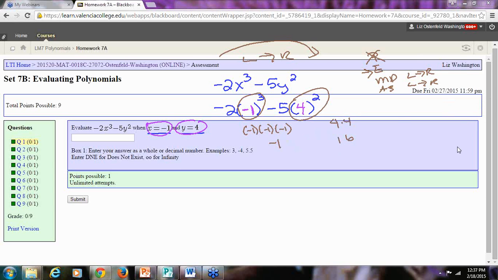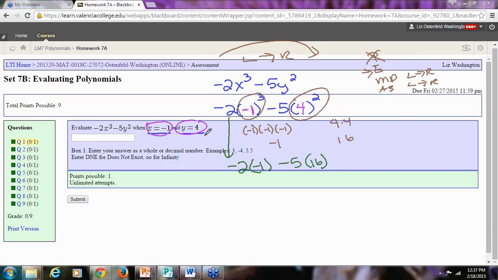And again, I'm not going to lose my parentheses. I want you to pay attention to how I keep those parentheses. So I'm going to have negative 2 right here times my answer from all of this, which was negative 1, then minus 5 times my answer from all of this, which was 16.